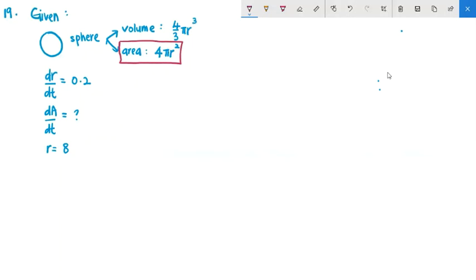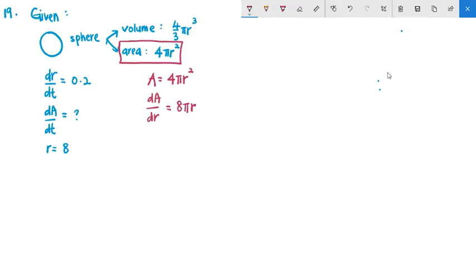Okay. So kita pun ada A is equal to 4 pi r square. dA over dr is equal to 8 pi r. Okay, clear how to get 8 pi r? Okay, differentiatekan A is equal to 4 pi r square. Okay, next.